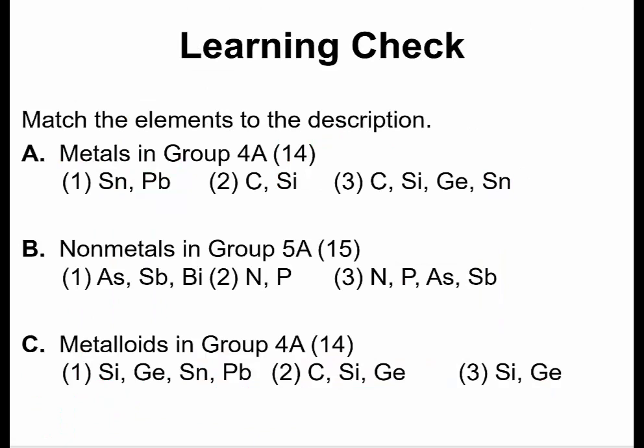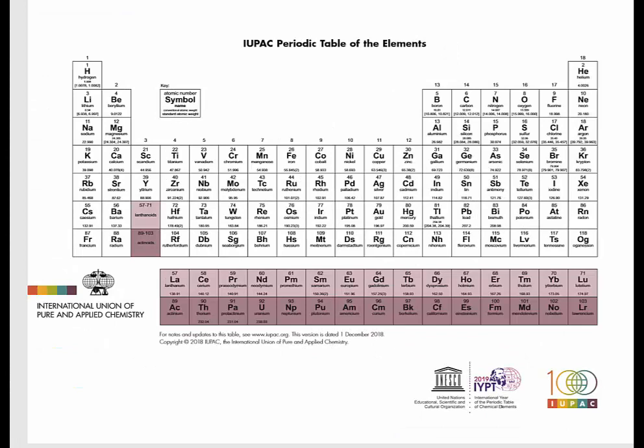Let us take a look at some very simple questions so that it will nail down your understanding of the groups. Match the elements to the description. The metals in group 4A. To know that, let us take a look at the periodic table. Which ones are the metals in group 4A?